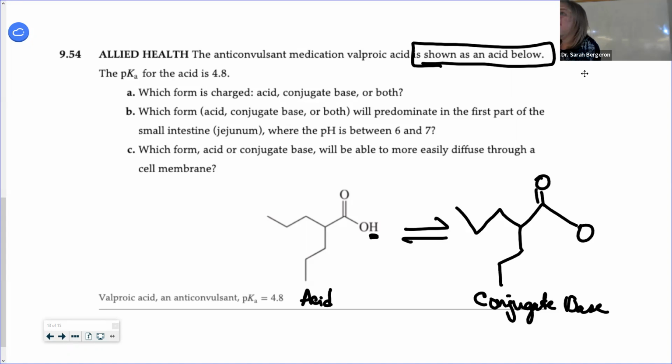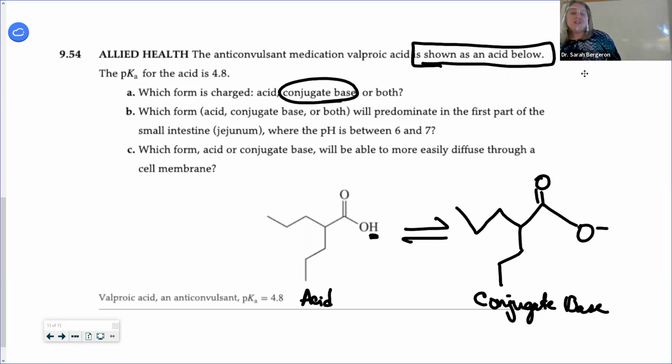Don't put a hydrogen, and then what? It's negative because I lost a positively charged hydrogen ion. Now go and answer A. Which form is charged? Acid, conjugate base, or both? So easy now that you understand conjugate bases, right?